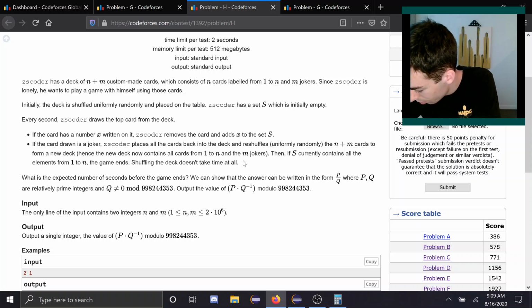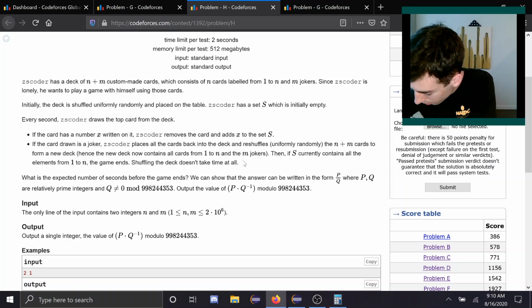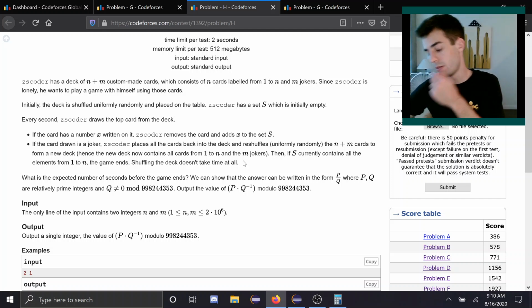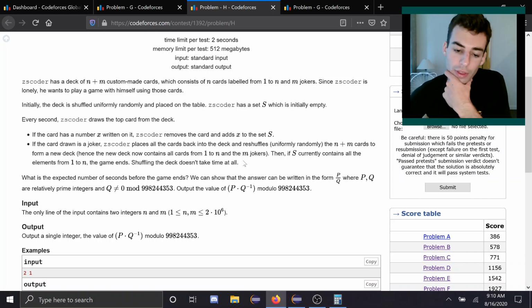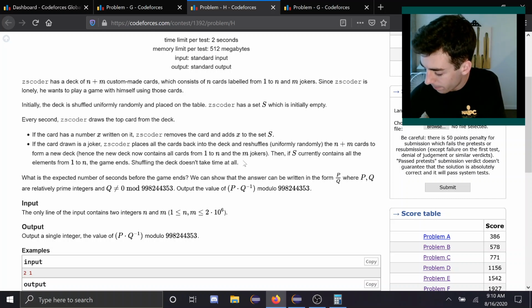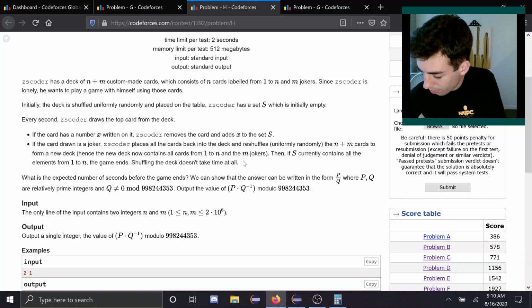Number of cards, number of jokers. So then we have an n over n plus m chance of getting a new card. We have an m over n plus m chance of getting a joker.